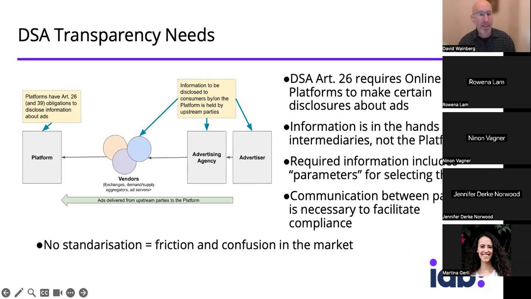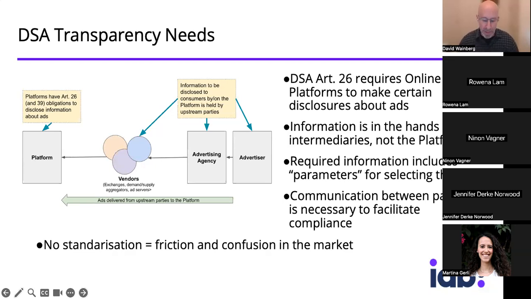The problem is that much of the information that needs to be disclosed is often, maybe most of the time, in the hands of intermediaries. It requires information about who the advertiser is, who paid for the ad, what parameters were used to target the ad, and so forth. Those are often not bits of information that the platform where the ad is shown holds, but rather an intermediary who purchased the ad space and selected the ad and delivered the ad will hold.